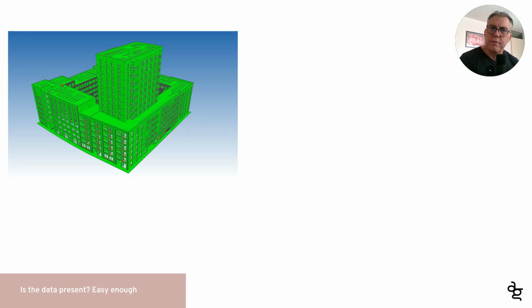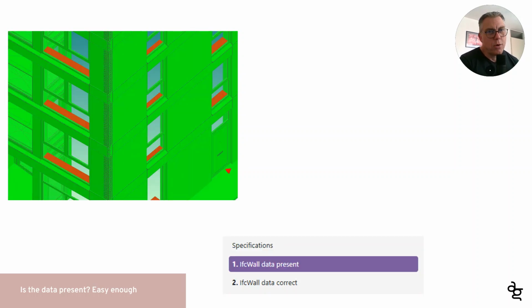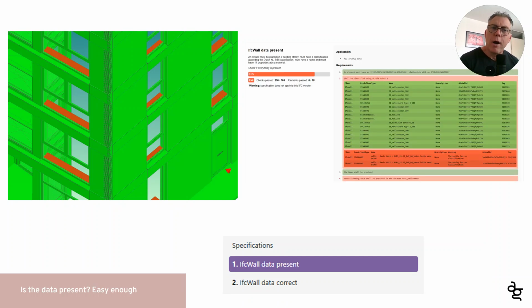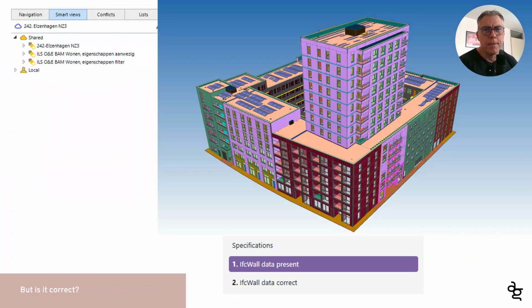Is the data present? Well, easy enough. Is everything green? No. But I still need to find these elements that are red, where the data is not present. So with IDS, you know how many walls are wrong, how many elements, and not just how many, you also know which ones and what's wrong with it. And not just by one filter, and this is by one filter. In a smart view, you can do this for one property, but not for 6 at a time.